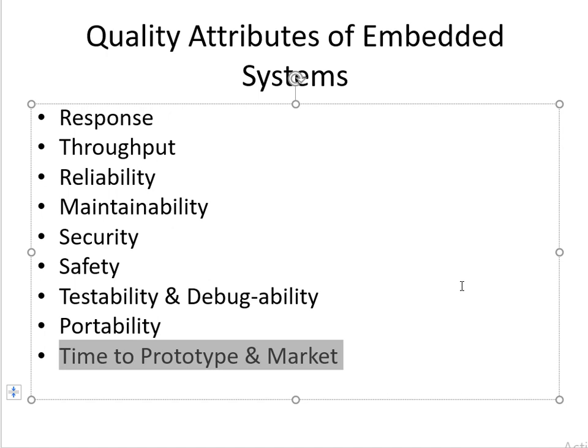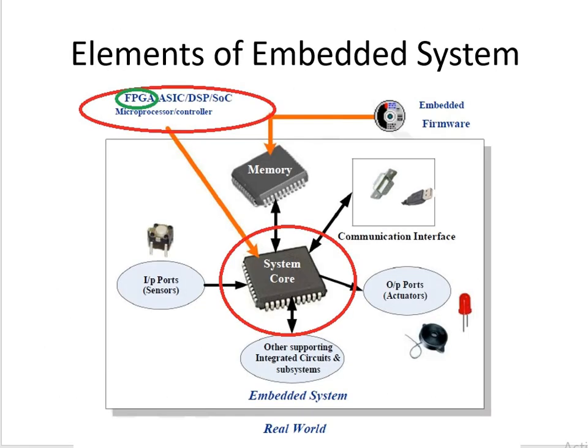After this, we go to the main elements of an embedded system. As you can see, we can see the main parts of an embedded system. Memory for firmware or embedded firmware of the system. Input ports like sensors for getting the input signals.